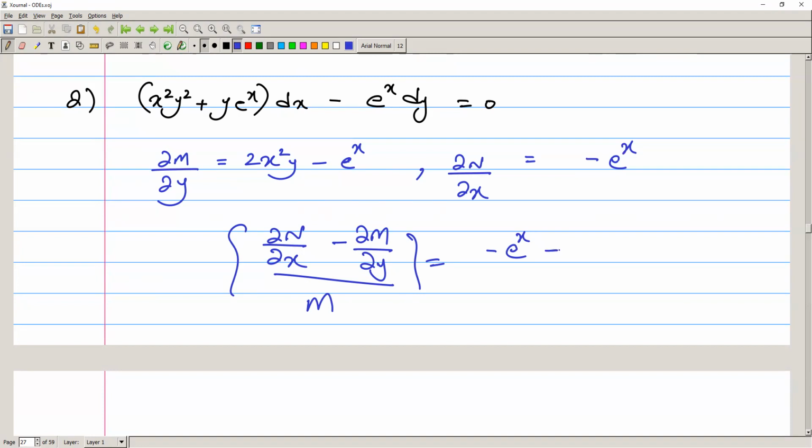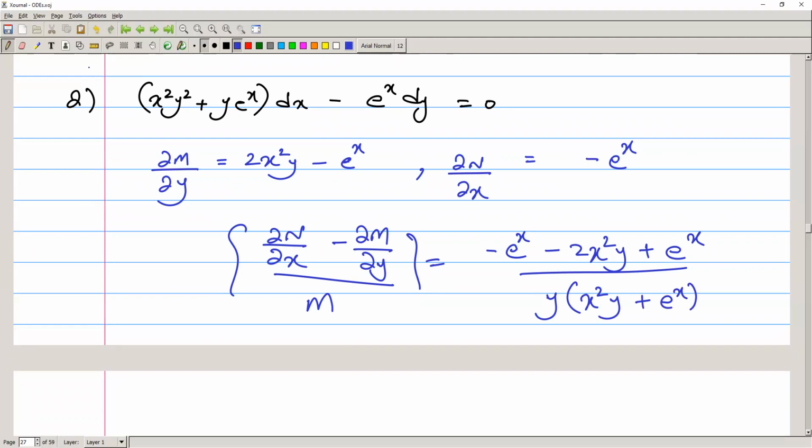So it's negative x minus 2x squared y plus e to the power x divided by m, which is y times x squared y plus e to the power x, right?